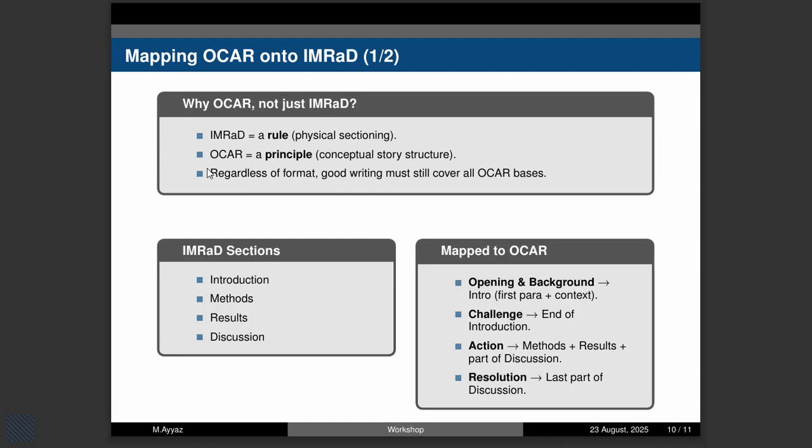So most of the sections or elements of the OCAR are combined in the IMRaD structure. So the whole story structure of our paper does not change much from the OCAR. We just change the names and put two or more elements in one section of the paper.